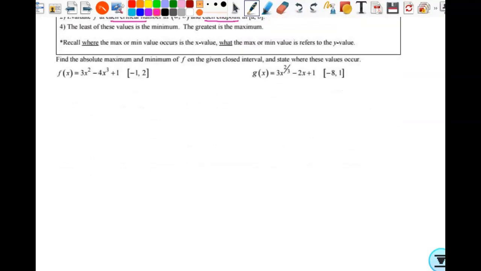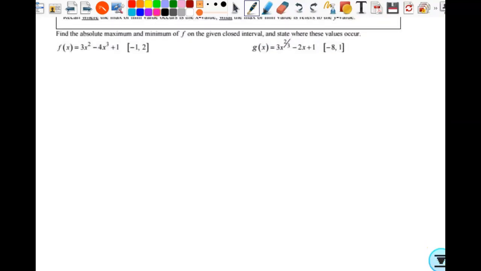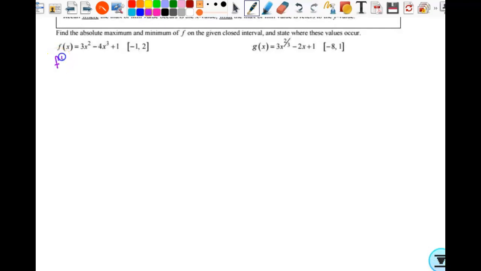So the first thing it tells us to do is to find the derivative. So let's find f prime of x. That's equal to 6x minus 12x squared. So then, I have this, I need the zeros. So this, I can factor out the 6x. That leaves me with 1 minus 2x.